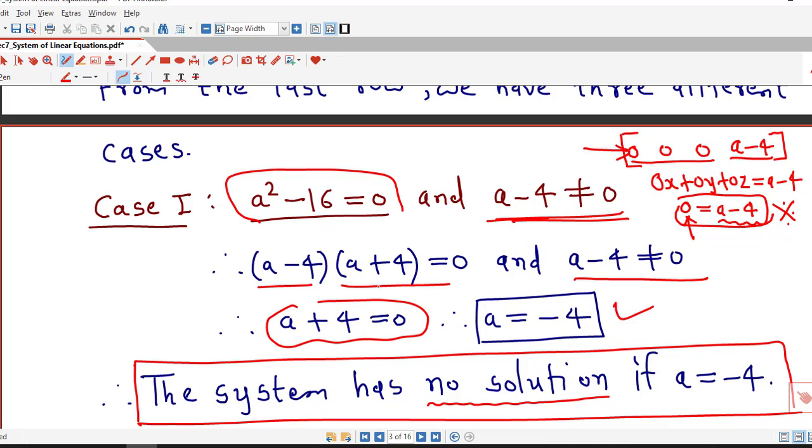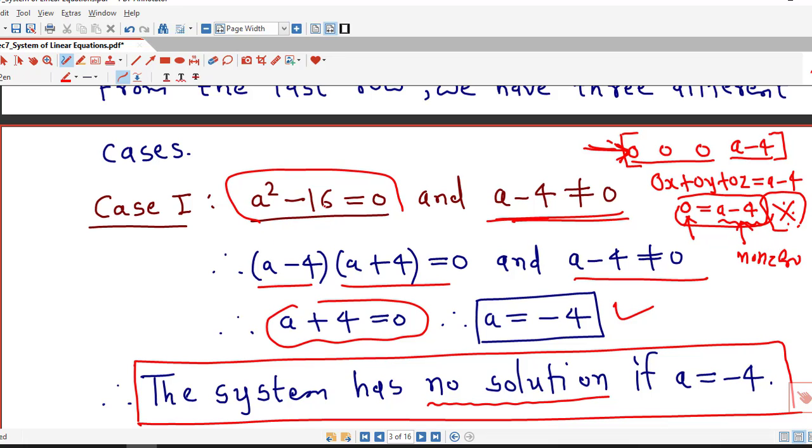So if a square minus 16 is 0 and a minus 4 is non-zero, we will have this type of row in the row echelon form of augmented matrix. So if we write down the equation corresponding to this row, we will have 0 equal to a minus 4. Now a minus 4 is non-zero, so we have 0 equal to non-zero, which is not possible.